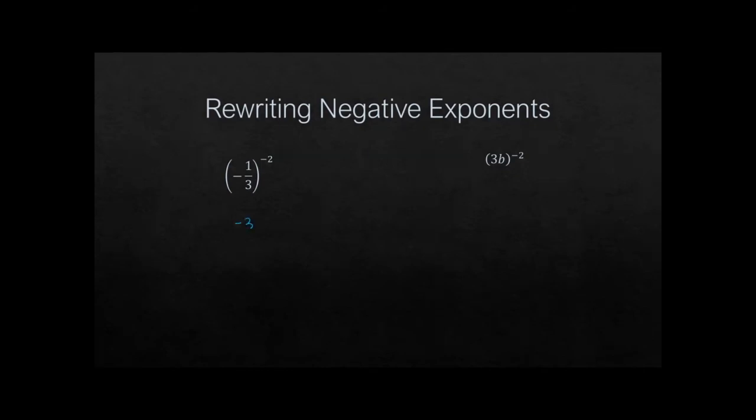It still stays negative. So we have a negative inside there. That negative exponent doesn't change that because we're just taking the reciprocal. So we still have a negative inside the parentheses. It's just instead of 1/3, it's now 3, or 3/1.